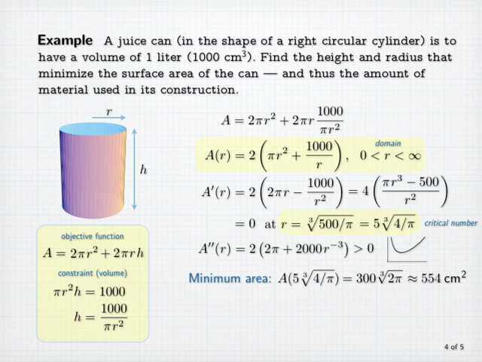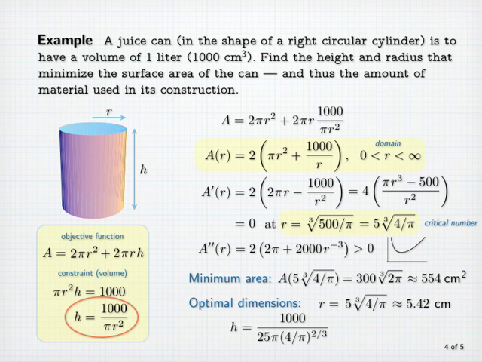The problem asks for the height and the radius that minimize the surface area of the can, so we'll give the optimal dimensions. The radius should be 5 times the cube root of 4 over pi, or approximately 5.42 centimeters. The corresponding height we calculate from the constraint equation, h equals 1,000 over pi r squared, which simplifies to 10 times the cube root of 4 over pi.